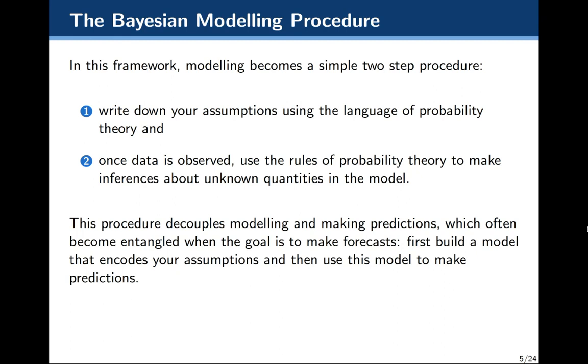A nice aspect of this procedure is that it decouples modeling and making predictions, which often become entangled when our goal is to make forecasts. So we build the best model that we can using the data that we've observed and make any inferences about things in the model which we may be uncertain about. And then we use this model to make predictions once we've done this.